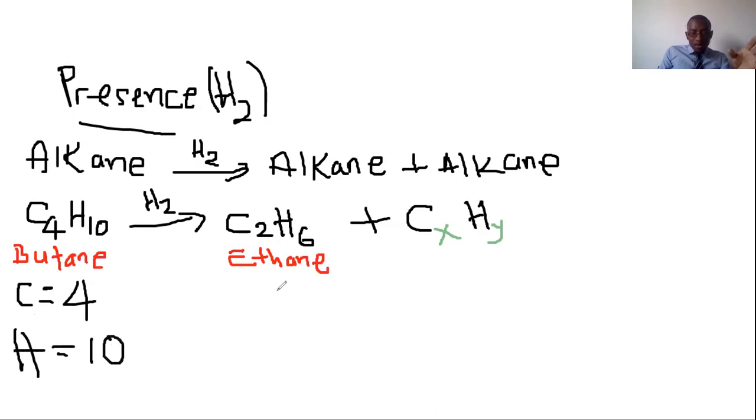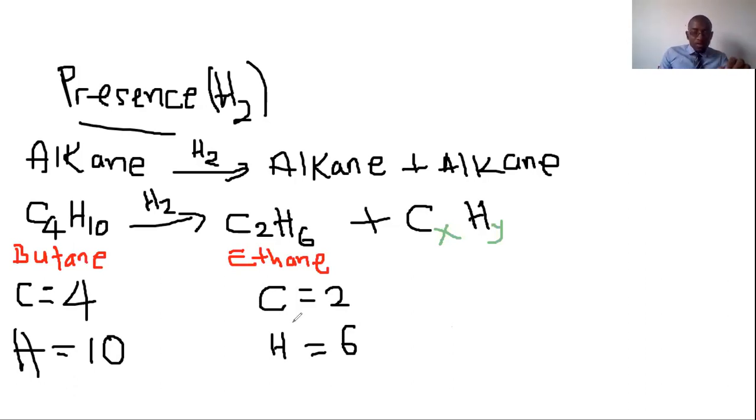On the other side we have 2 carbons and 6 hydrogens. The number of atoms on the reactant side should be equal to the number of atoms on the product side. That is the basic principle when it comes to cracking. You just balance the number of atoms.